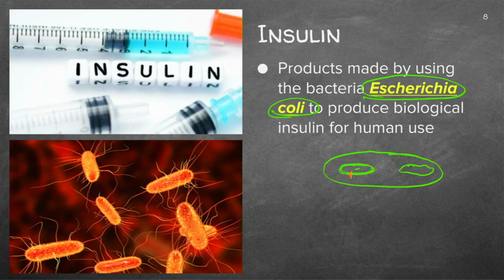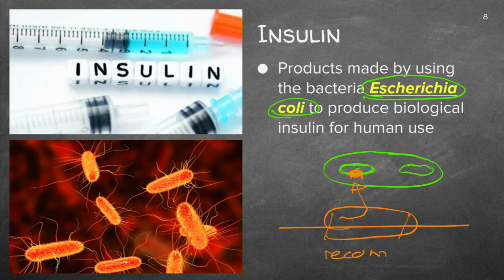They put inside this DNA string, or this plasmid of your Escherichia coli, a piece of DNA they got from a person that can make insulin. So that bit is added into the Escherichia coli, and it's called recombinant.